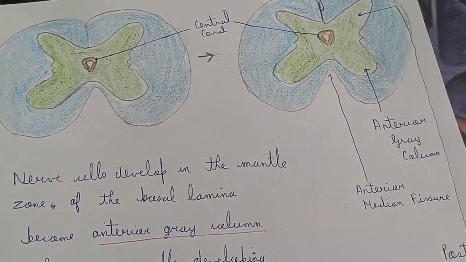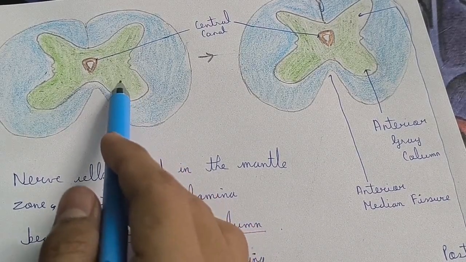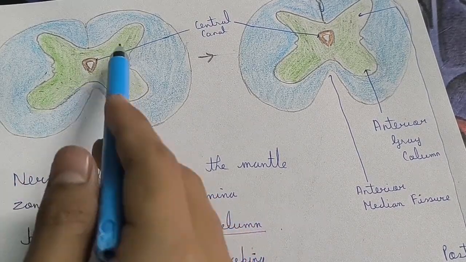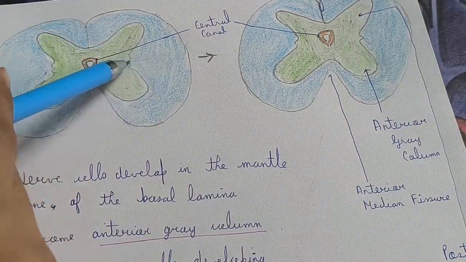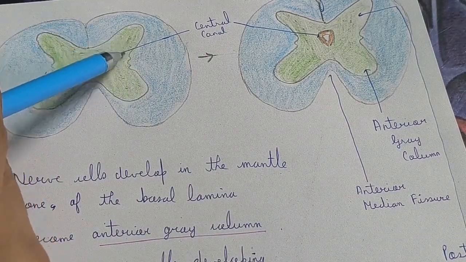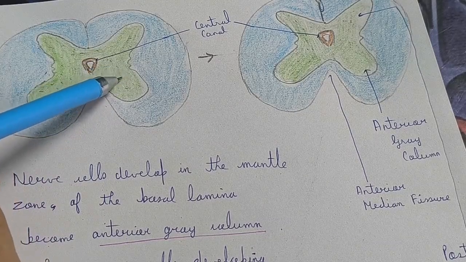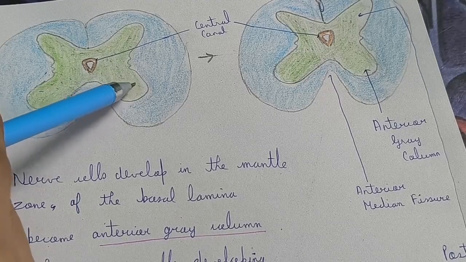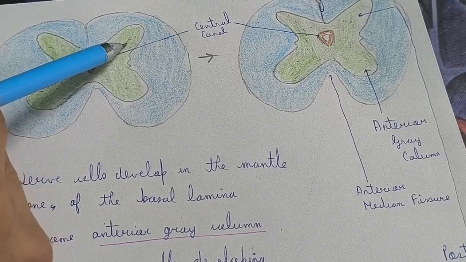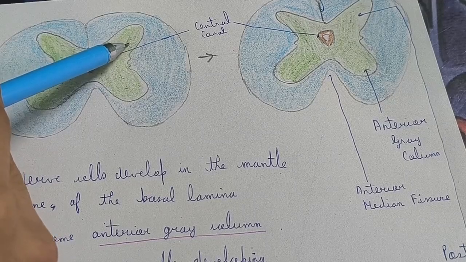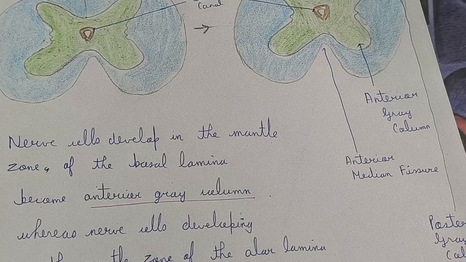So friends, as you already noted, this is the mantle layer, and in this mantle layer nerve cells develop. This is the basal lamina, and the nerve cells that develop in the mantle layer of this basal lamina will constitute the motor neurons, and in this LR lamina they will constitute the dorsal neurons, and therefore together they form the anterior gray column and posterior gray column.